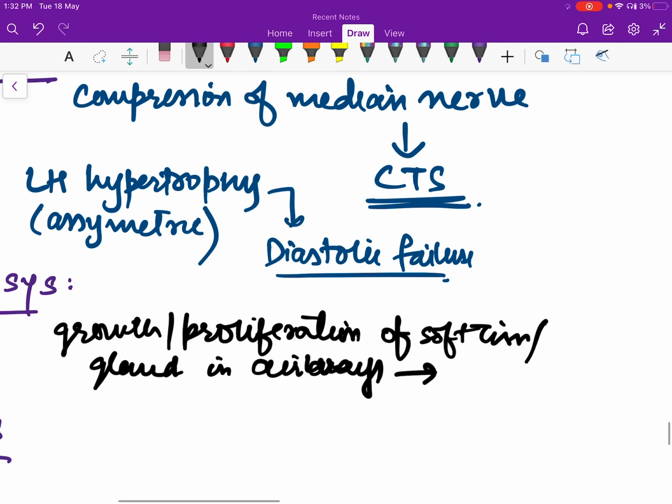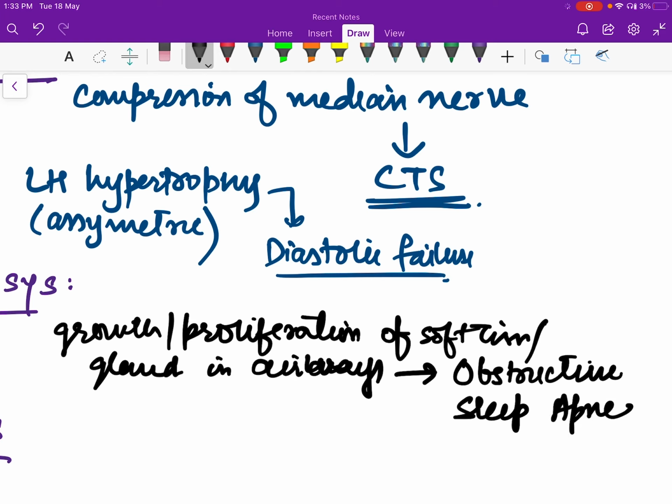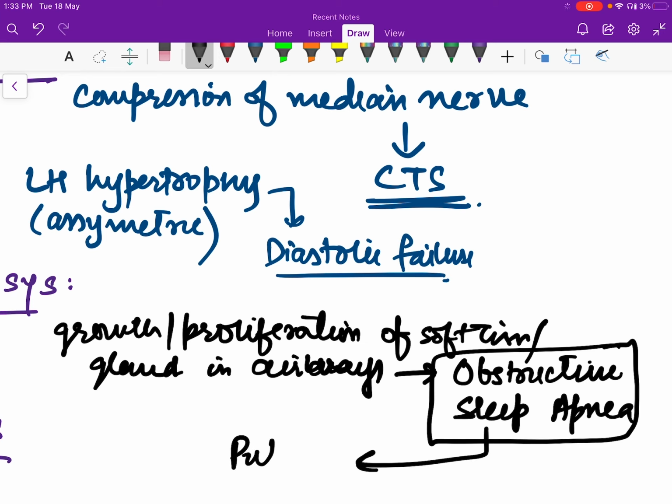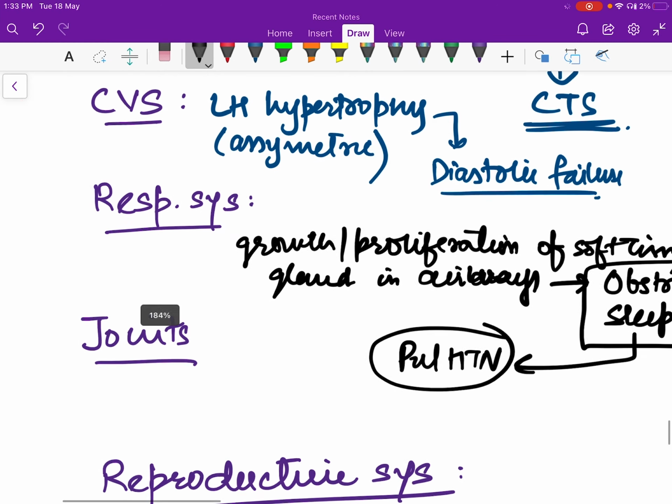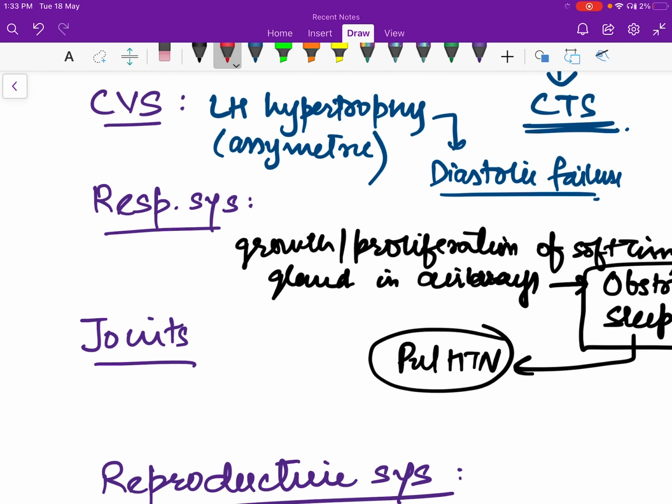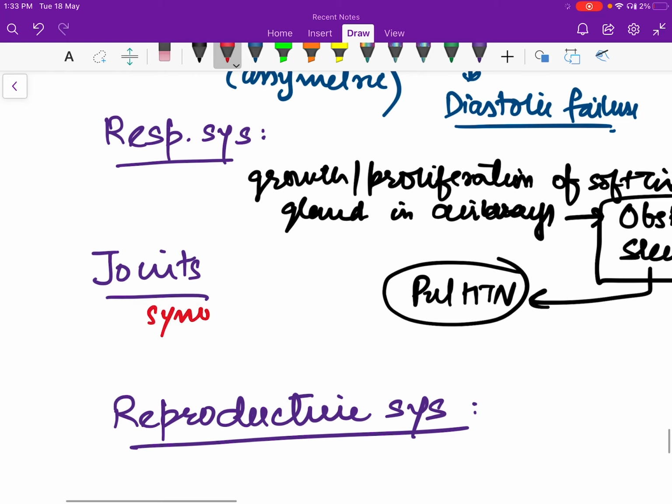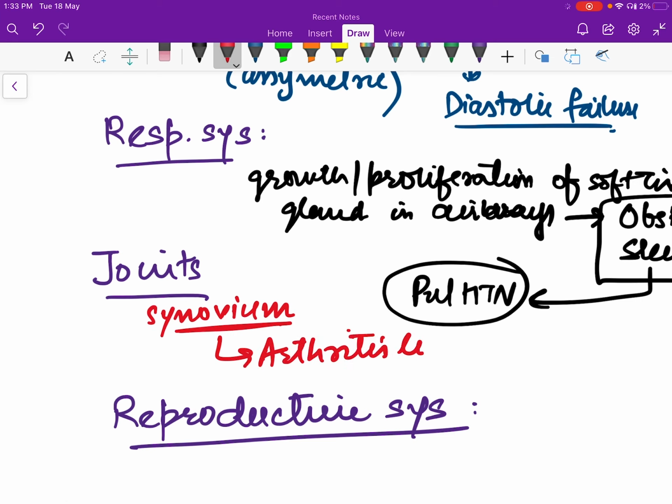This can cause a manifestation called obstructive sleep apnea. And obstructive sleep apnea in the long run will cause pulmonary hypertension. Just remember this, it will cause pulmonary hypertension. In the joints, because of involvement of the synovium of the joints, it can cause arthritis-like manifestations.